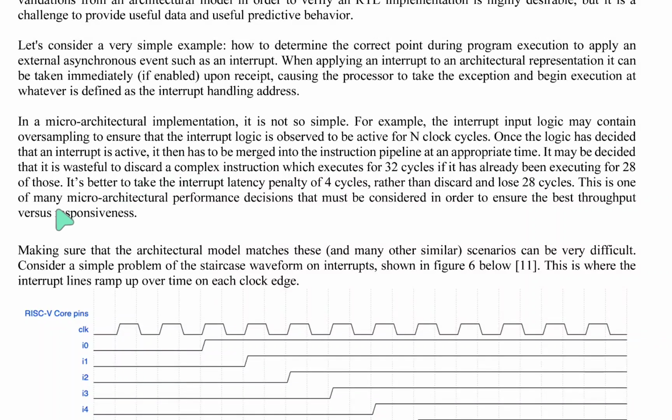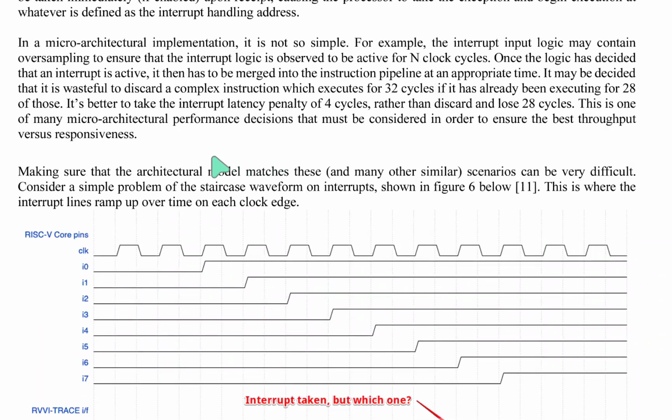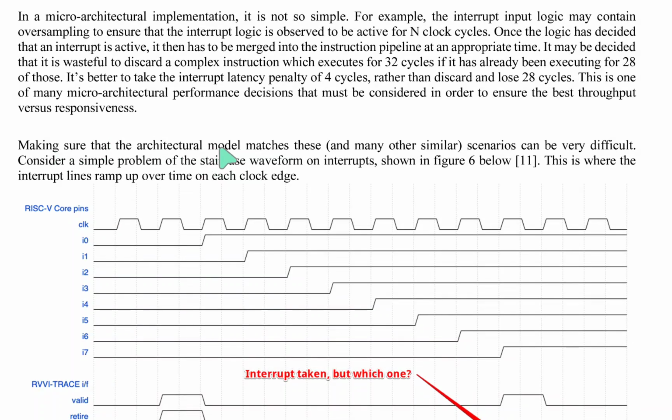This is one of the many microarchitecture performance decisions that must be considered in order to ensure the best throughput versus responsiveness. Making sure the architectural models match these and many other similar scenarios can be very difficult. Consider a simple problem of a staircase waveform of interrupts, shown in figure 6 below.